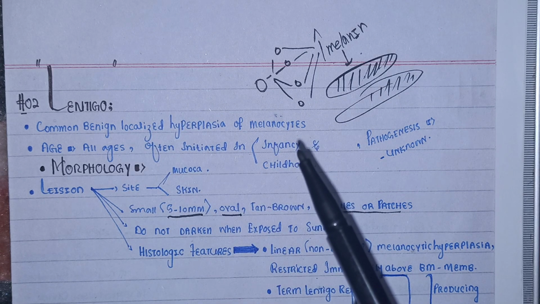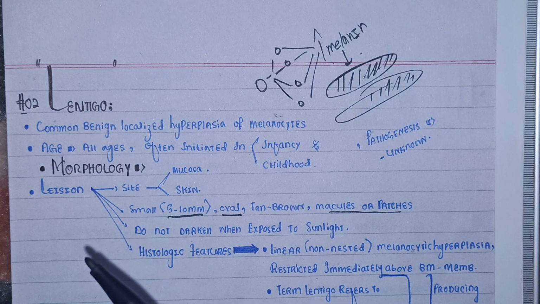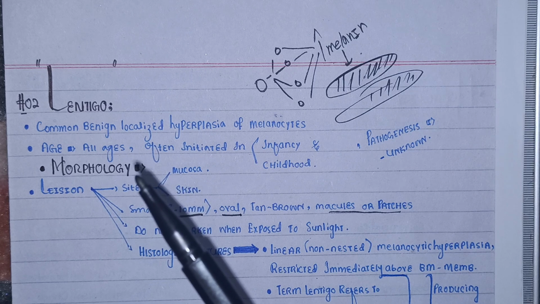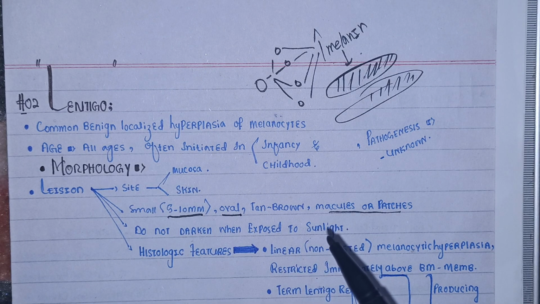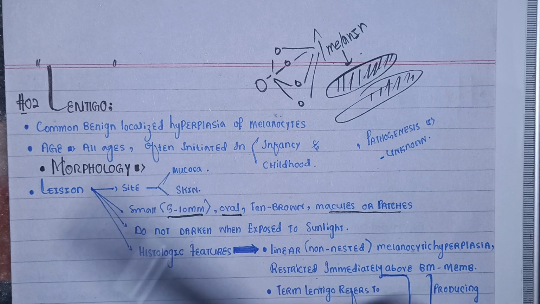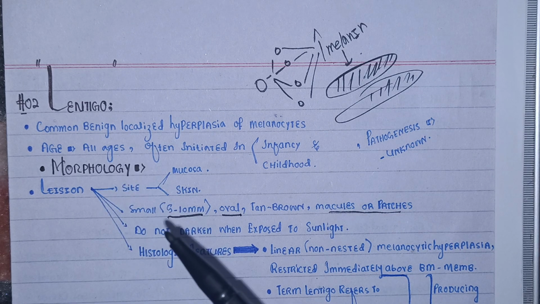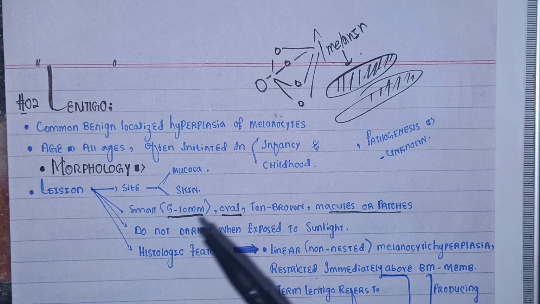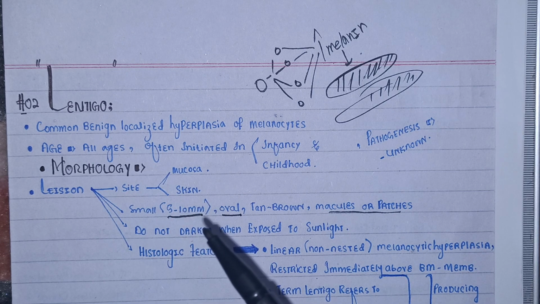Number two: in freckles, the lesions darkened when you were out in the sun, but in lentigo the lesion stays the same whether you are out in the sun or sitting in the AC room. One more difference: freckles were mostly macules up to only 1 millimeter, but lentigo are 5 to 10 millimeter. They are small, but compared to freckles they are a little larger, right?